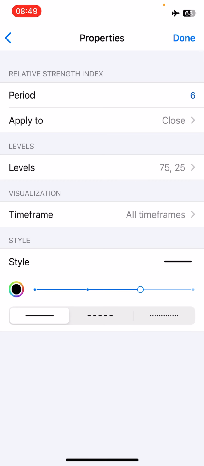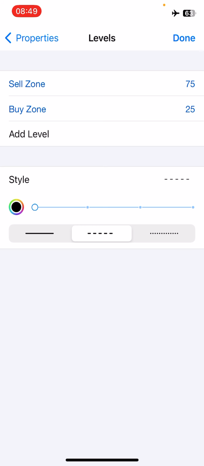We've got a period of 6, apply to close, and we're going to need these two levels. We've got level 75, which we labeled as our sell zone. We also have level 25, which we labeled as our buy zone. These two levels are very crucial in placing our trades, because they're going to determine when and where we are going to place the trade.